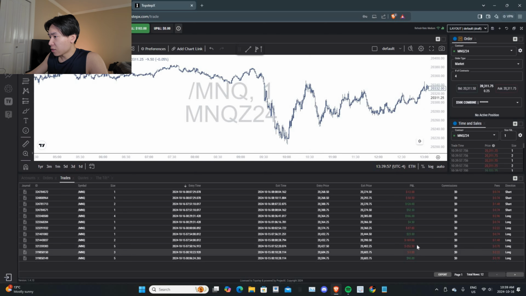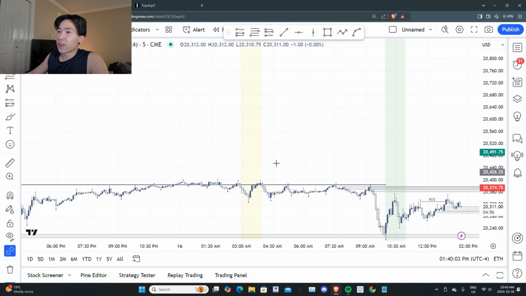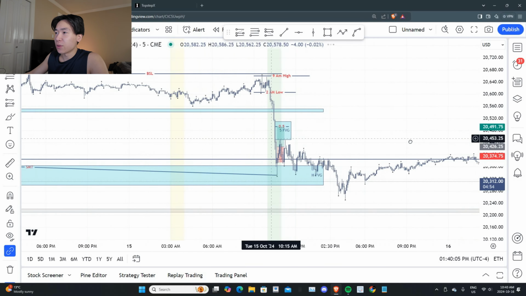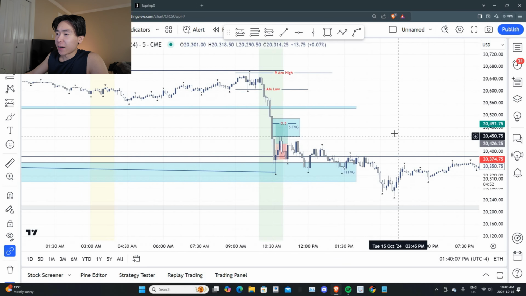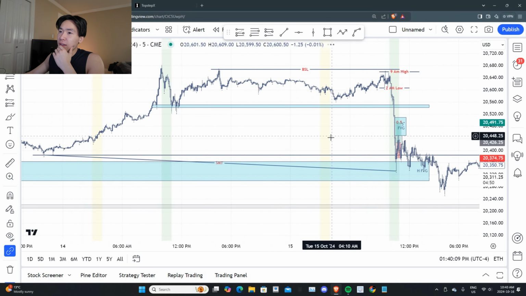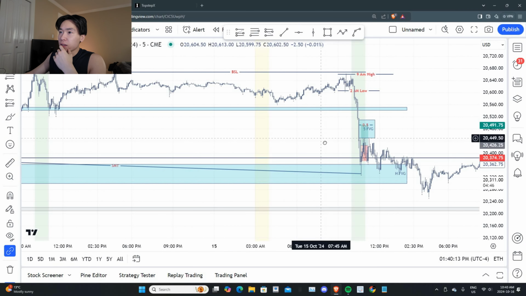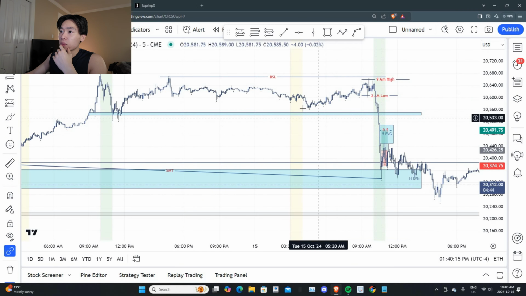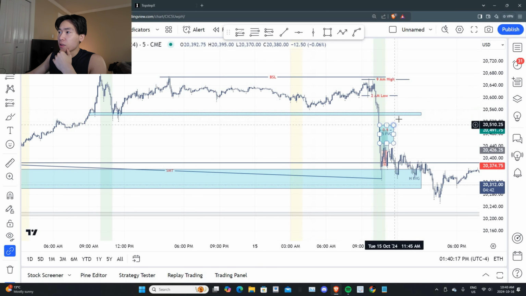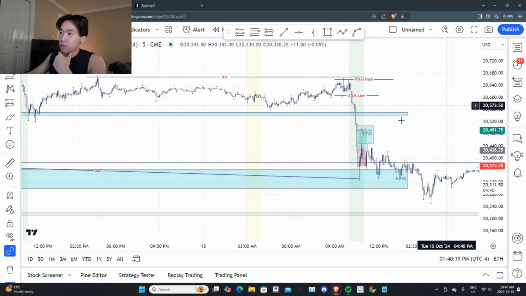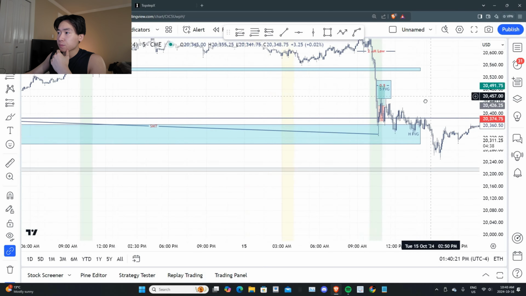So for the next 3 trades right here, these trades were taken on this day. It was actually horrendous. Basically, initially going into the markets, I was thinking that price could potentially sweep this previous low and then continue higher, but as you can see, price just continued lower, right?